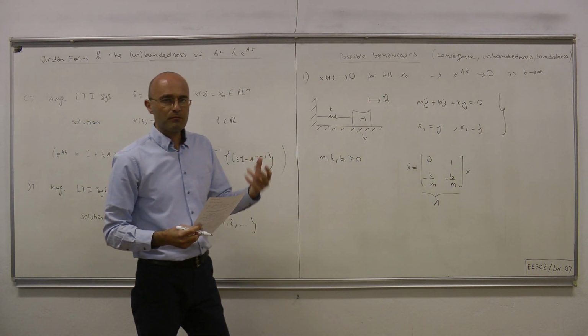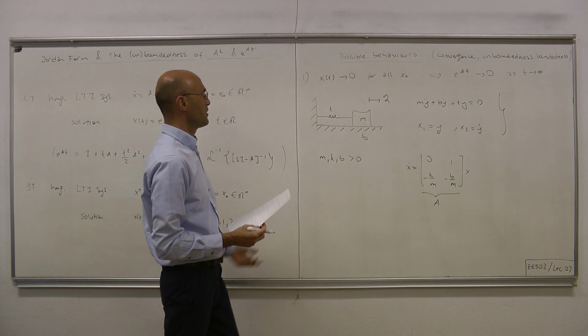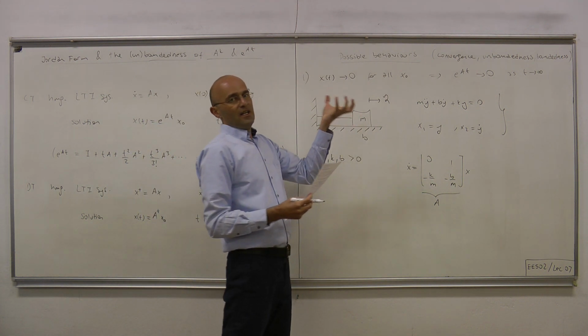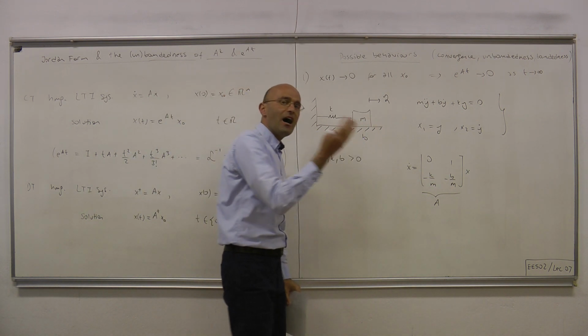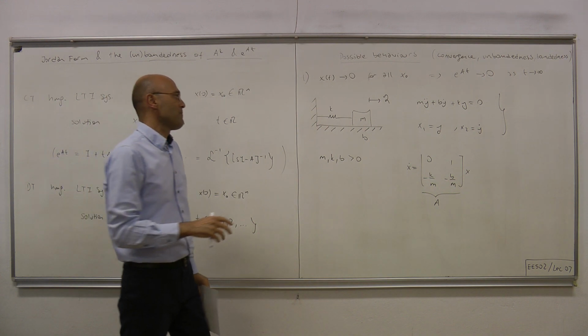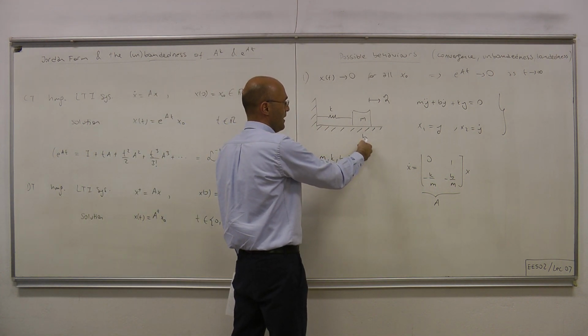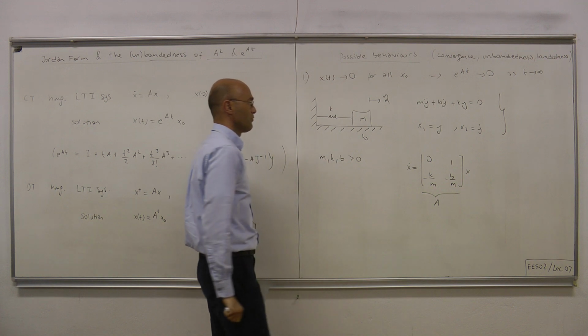Now, from real life experience, we know that because there is friction, the energy initially stored in the system will leak out of the system as dissipation, as heat. It will go away from the system.